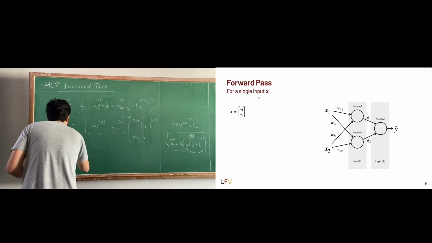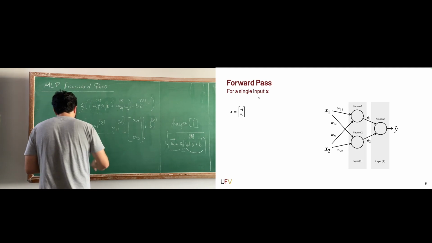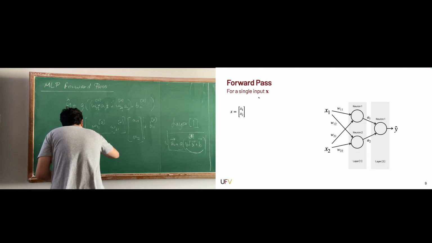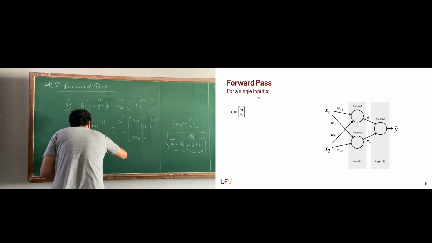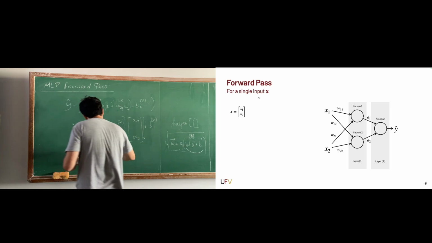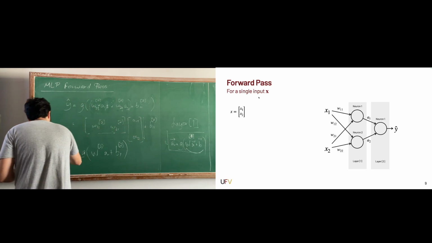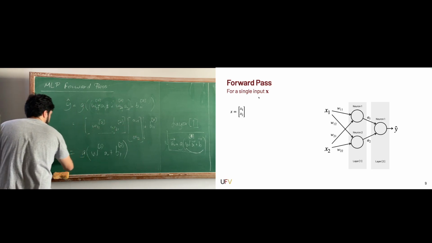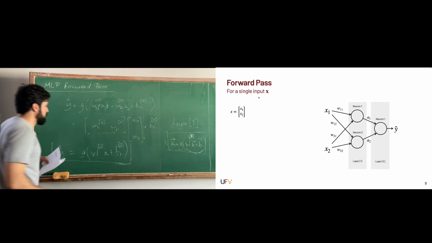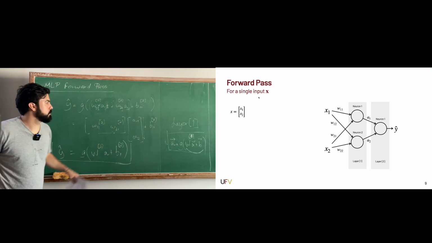And then our y hat finally can be written the same way we wrote our hidden layer. This is our layer 2.